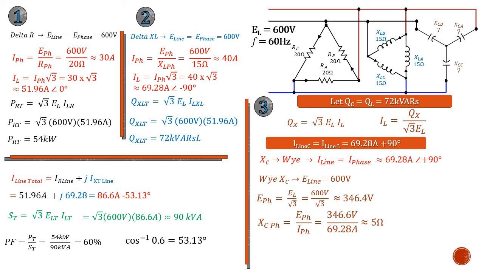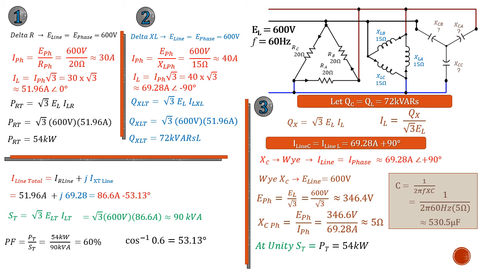Now we can use our capacitance formula and work our way back, where C is equal to 1 over 2 pi f XC, and multiplying through, we end up with 530.5 microfarads per phase for each capacitor.